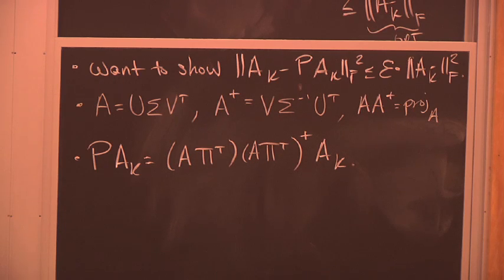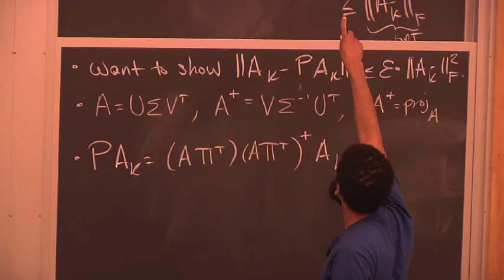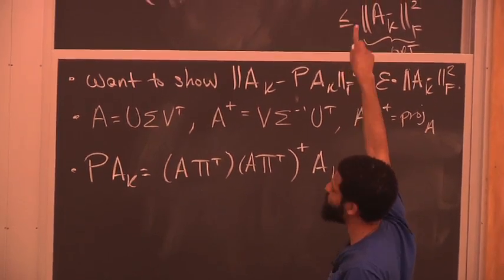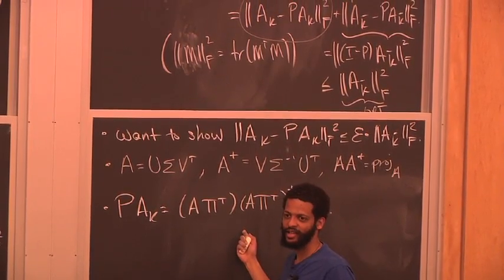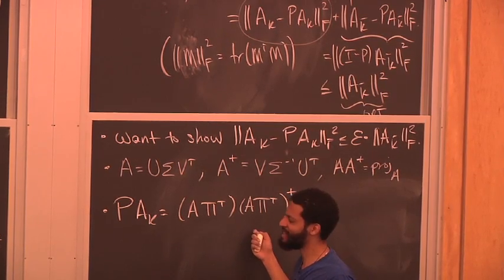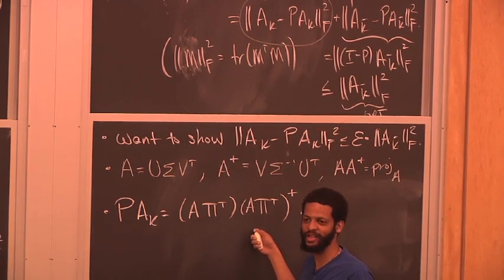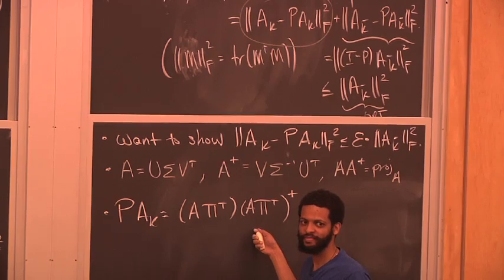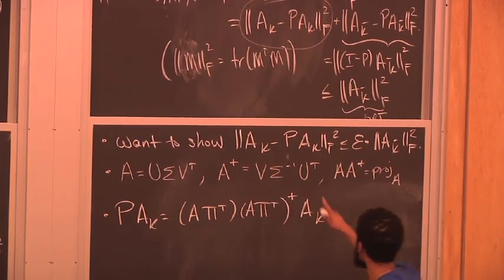Forget about P for a second. The projection onto the column space of A pi transpose of AK is exactly this matrix. If you want to project AK onto the column space of this matrix, well, it's its own best approximation in that space.